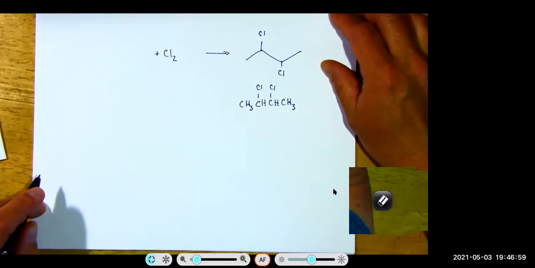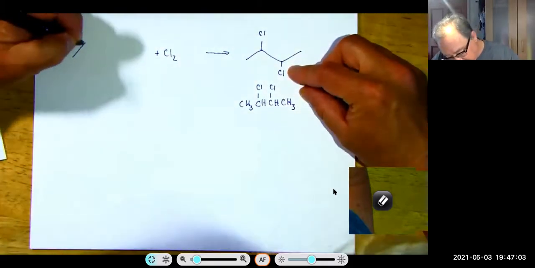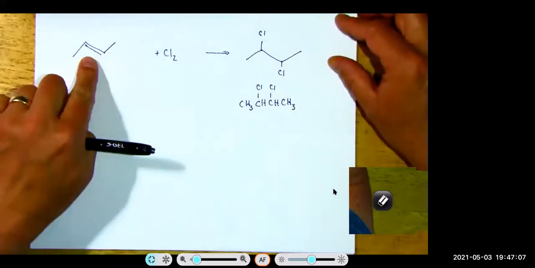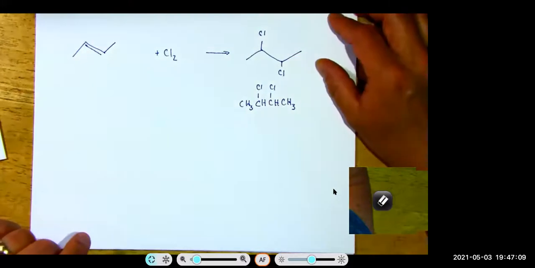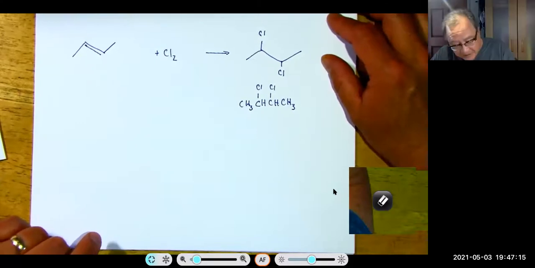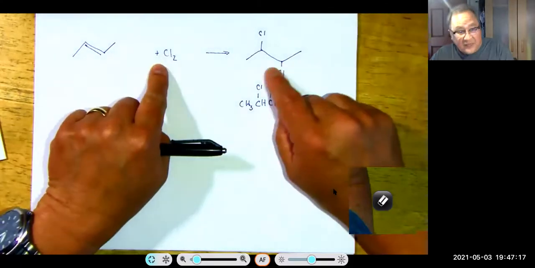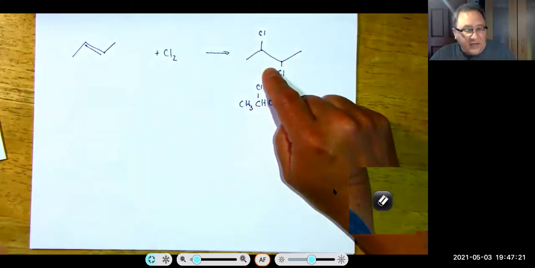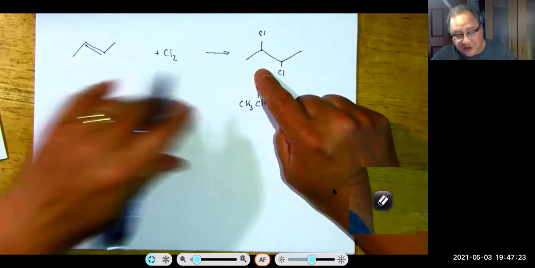Between the 2 chlorines? So are you saying they should be right here? Yes. And that would make that alkene. This alkene plus that chlorine would make this alkane. We call it a haloalkane because it's got halogens on it.